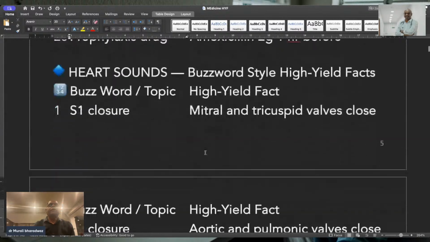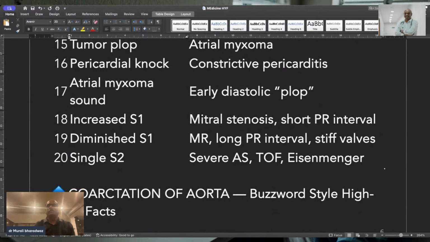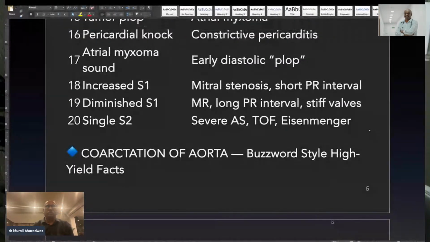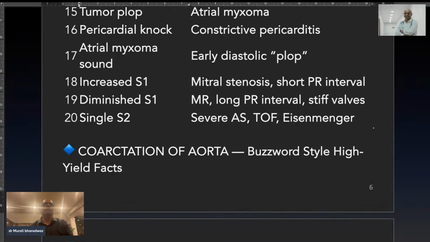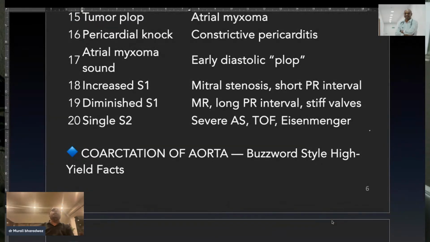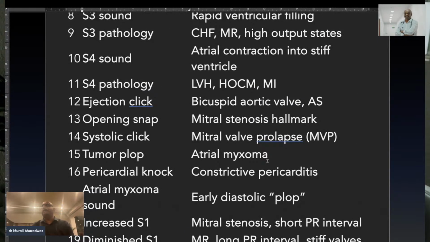So, S4. What is the cause of S4? Whenever there is a stiff ventricle because of hypertrophy, like left ventricular hypertrophy in people who have hypertension, or hypertrophic obstructive cardiomyopathy, or whenever there is a myocardial infarction, post-MI, the heart can undergo remodeling and become non-elastic.